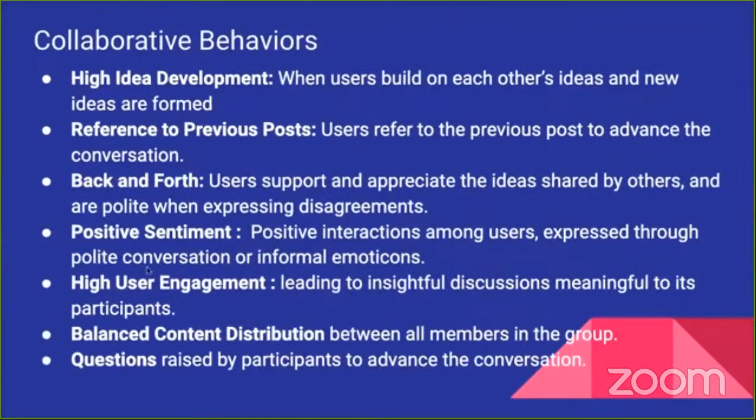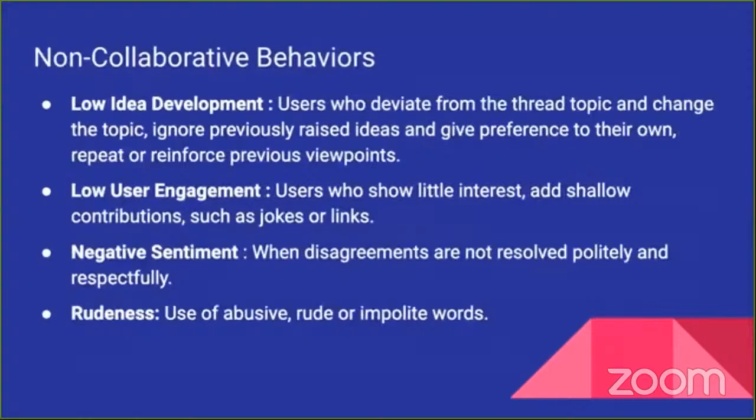Some of the collaborative behaviors that were found are high idea development, reference to the previous post, back and forth, positive sentiment, high user engagement, balanced content distribution, questions asked by the participants, etc. Some of the non-collaborative behaviors that were found were low idea development, low user engagement, negative sentiment, rudeness, and so on.